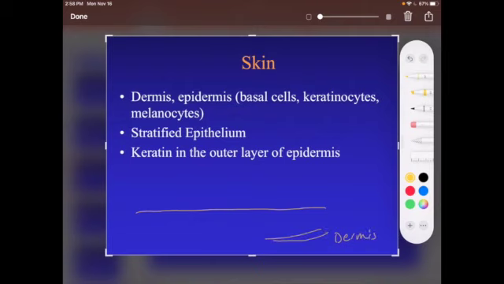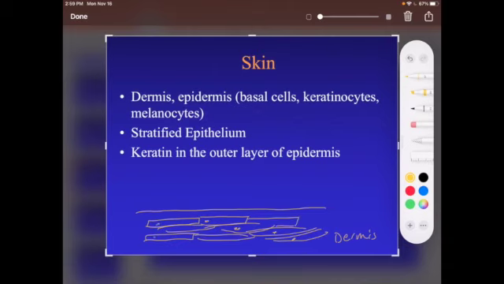this is mostly made up of fibroblasts. I'm not doing a very good job of drawing fibroblasts, but they're going to be somewhat brick-like, somewhat rectangular, but they're going to be lengthy. And this is what we call stratified epithelium.